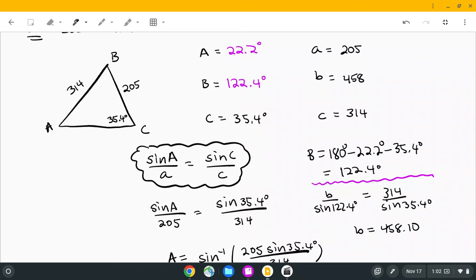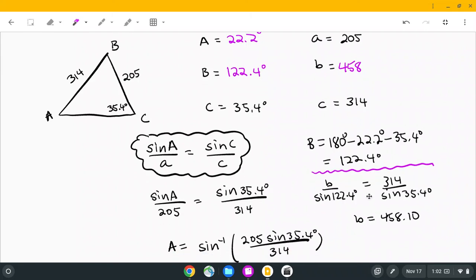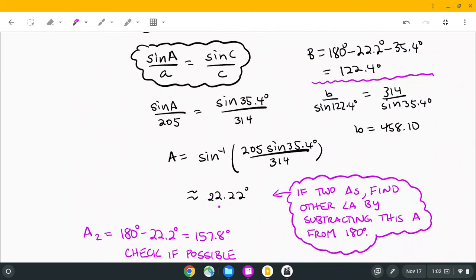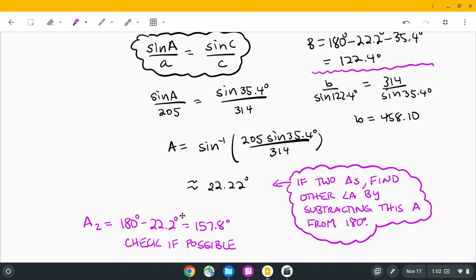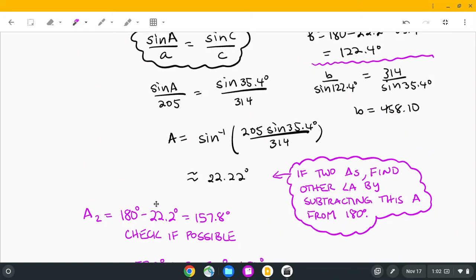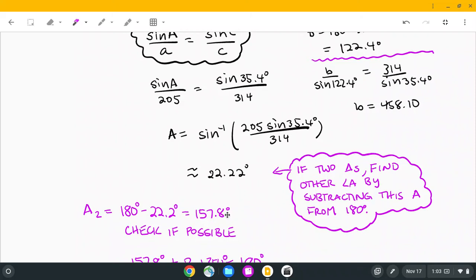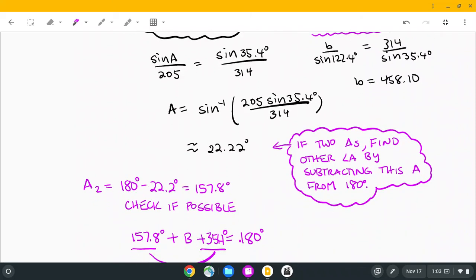Let me put that in purple. So that's how you figure out whether or not you only have one triangle or two. As soon as you find that first angle, subtract that from 180, and then check to see if you bust 180 when you add that new angle plus the others.